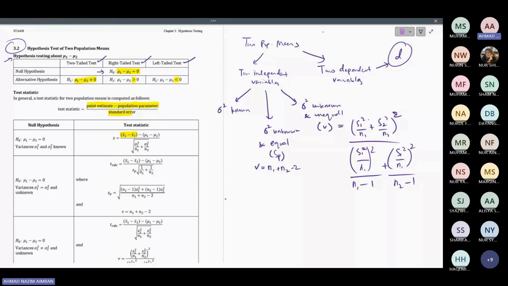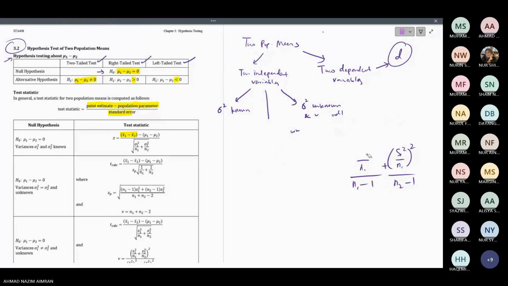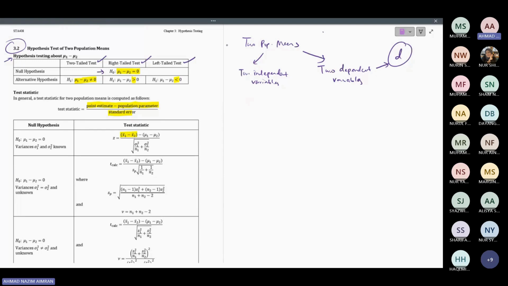To calculate the confidence interval using Z, the confidence interval of the difference is x bar 1 minus x bar 2 plus minus z alpha over 2 times the standard error, the square root of sigma 1 square over n1 plus sigma 2 square over n2.